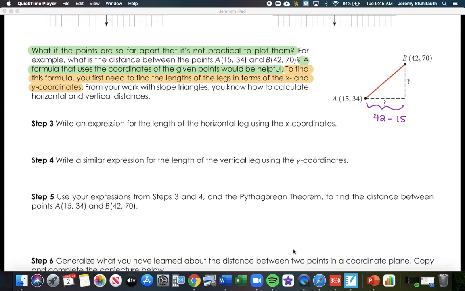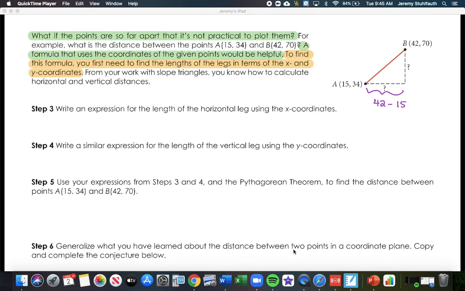So if we wanted to write an expression, we could label these as x1 and y1, x2 and y2. To find the horizontal leg, we would have x2 minus x1. So what we're doing is subtracting the two x coordinates.